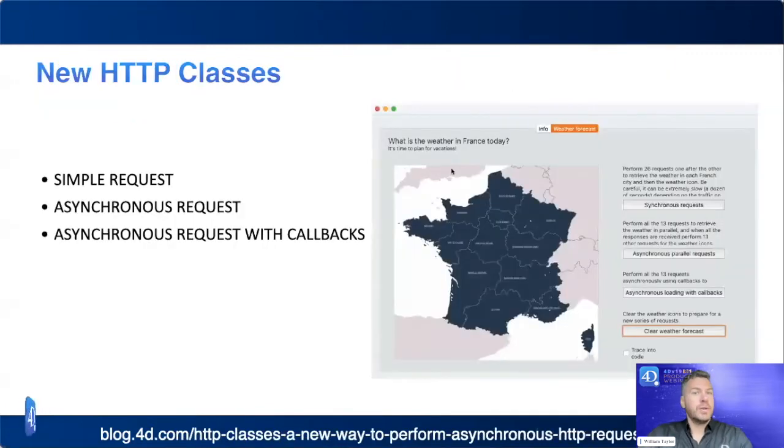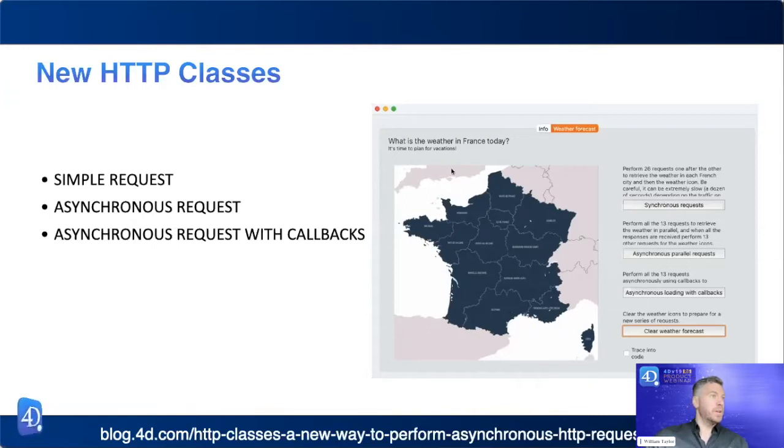And to continue improving the syntax and functionality of 4D, we've decided to modernize the HTTP client commands in 4D. As a result, the first set of HTTP classes is being delivered with 19 R6. Now, this is only a start. More functionalities will be coming with future releases.